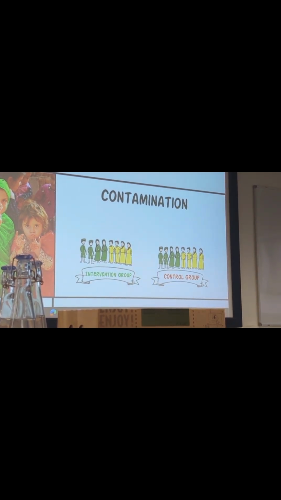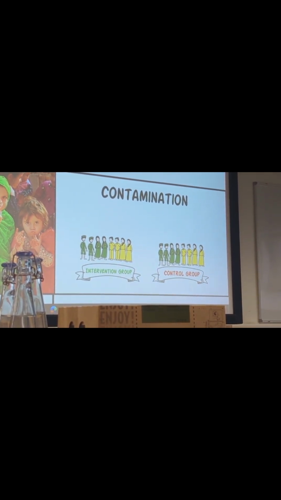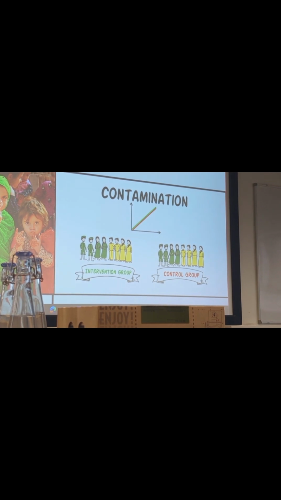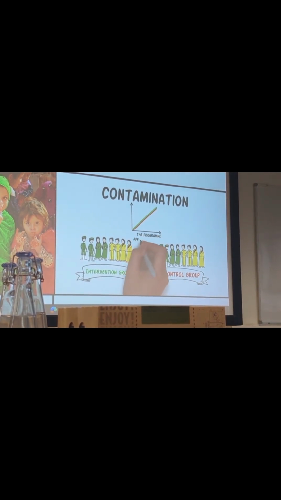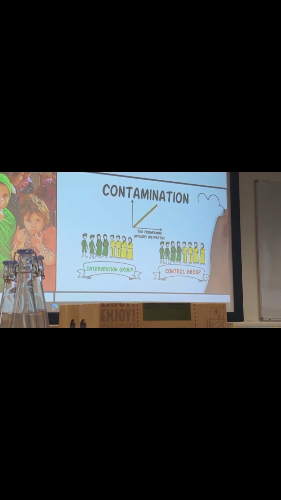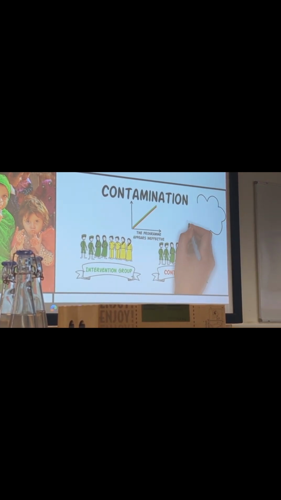Contamination is another cause of misleading results. Imagine an evaluation where the results show that the control group has the same results as the treatment group. It is likely that people will conclude that the program was ineffective. But what if individuals in the control group had actually received the intervention?